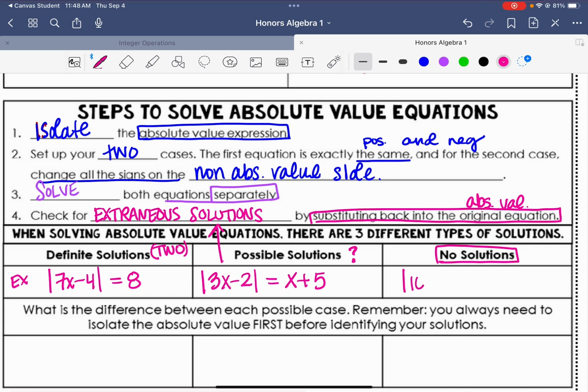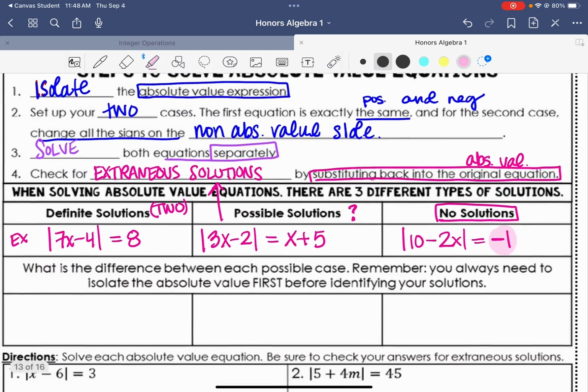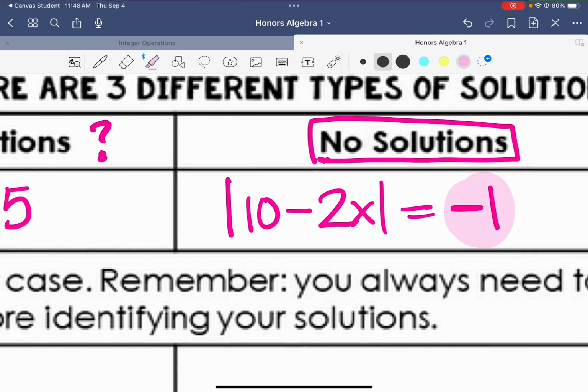That's like if I have an absolute value expression equal to a negative answer, like negative 1. Anytime it's equal to a negative answer, that's not possible because absolute values are always positive because they're distance away from 0, and distance is always positive. So if I ever get an absolute value that equals a negative, there's no solution. It's impossible to do.